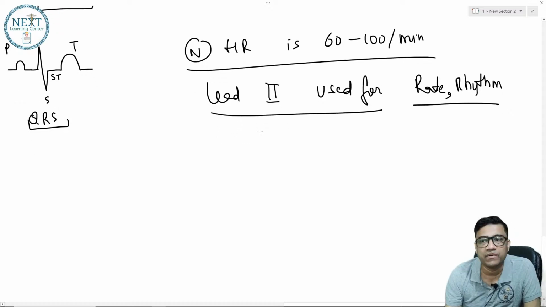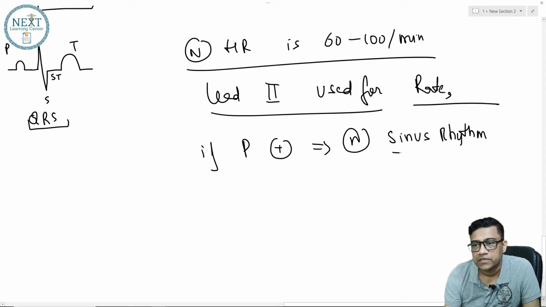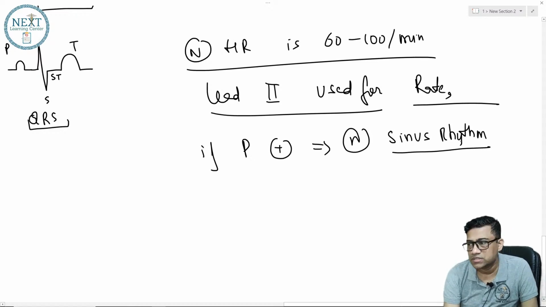First, remember what rhythm is. If the P wave is present, it is called normal sinus rhythm. So if the P wave is present, it is the normal sinus rhythm.